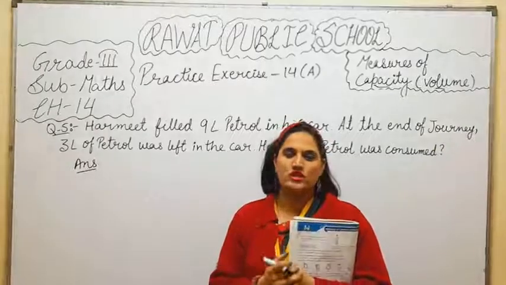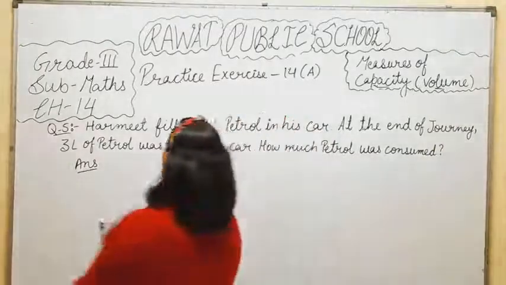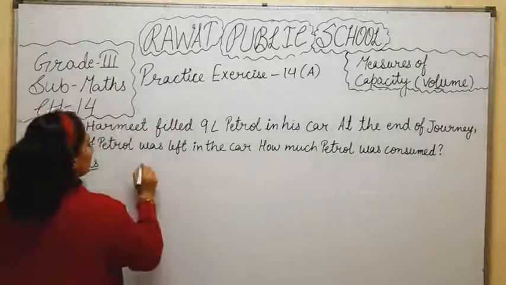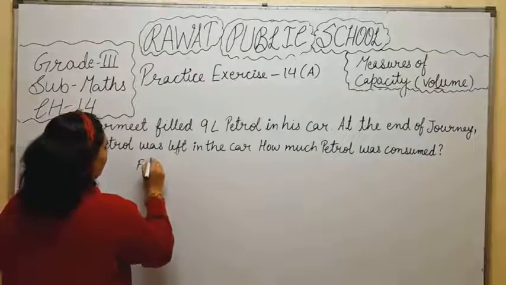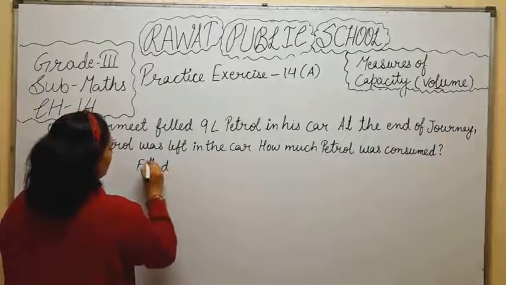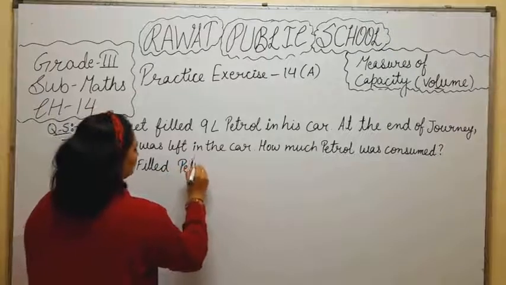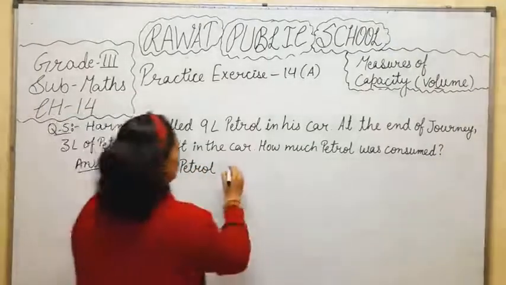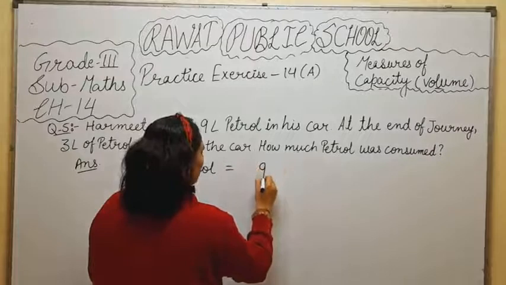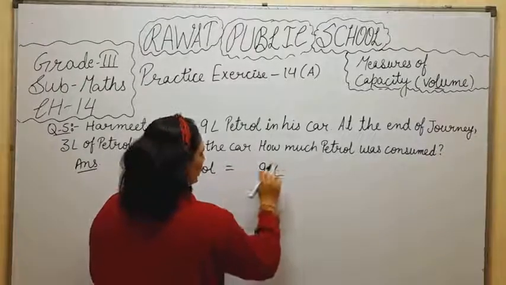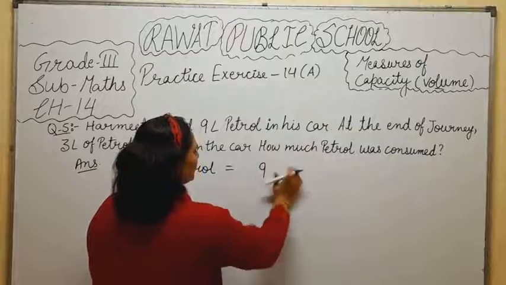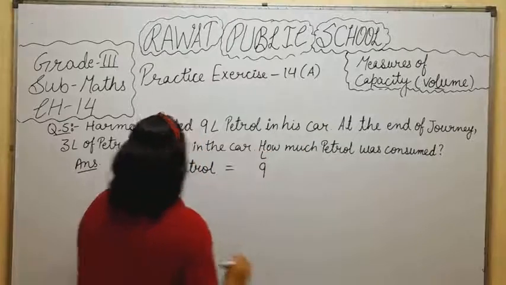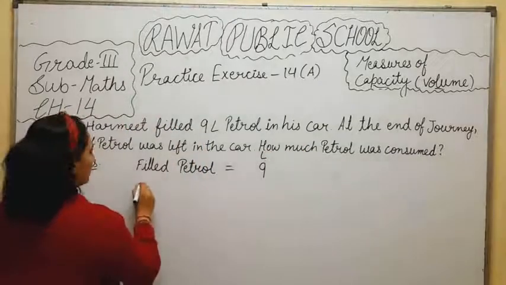So for this question, what we have to do? First of all, we have to write here filled petrol. How much petrol he filled? 9 liters. So we'll write 9 L. You can write L here, or you can write L on the top as well. And how much left?